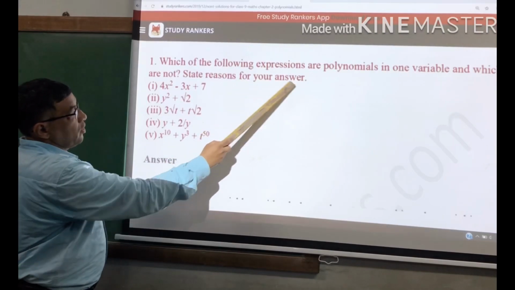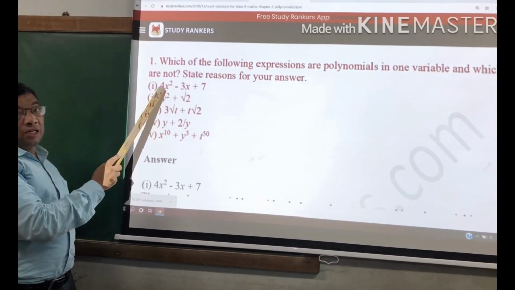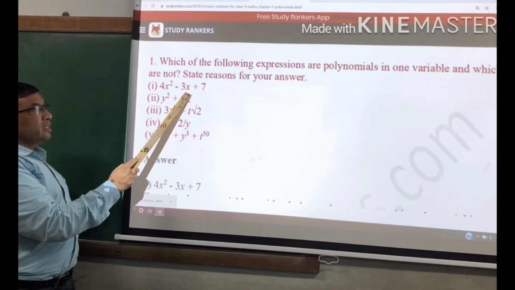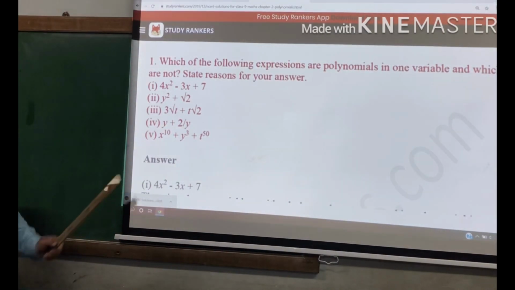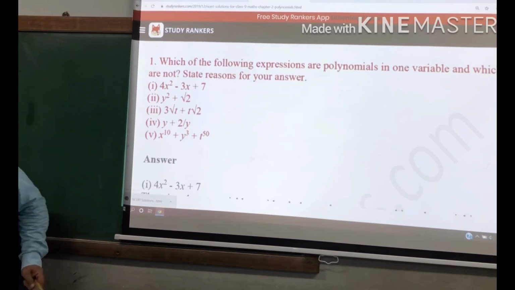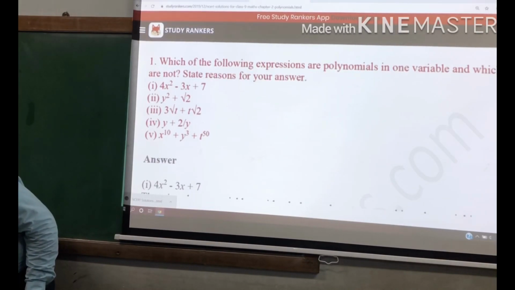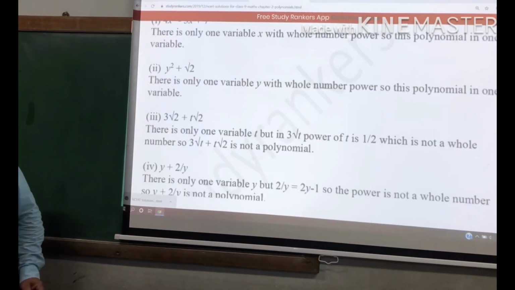State reason for your answer. First question is 4x² - 3x + 7. Now we have to answer whether this expression is a polynomial or not. So we see the answers one by one.